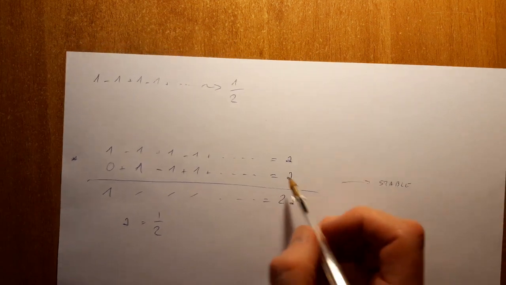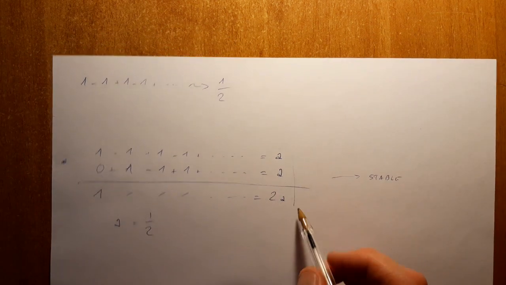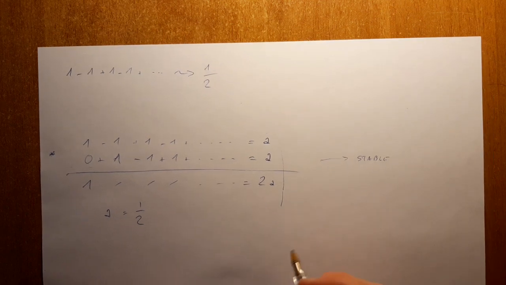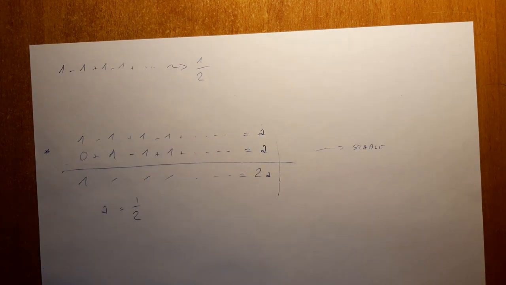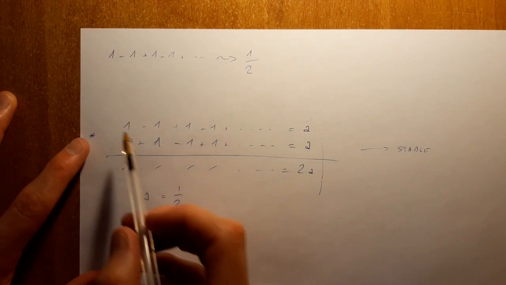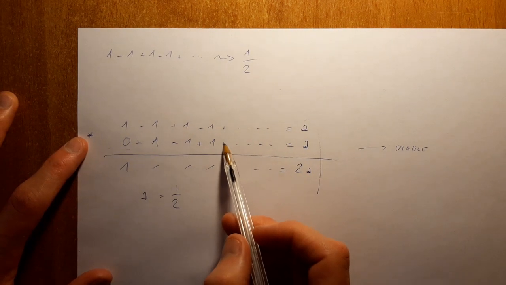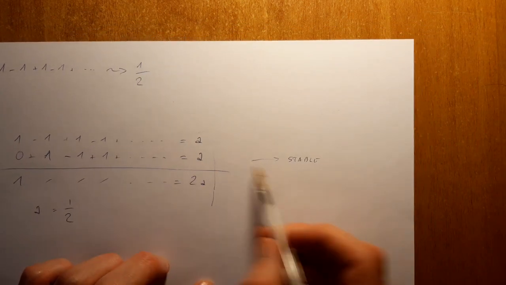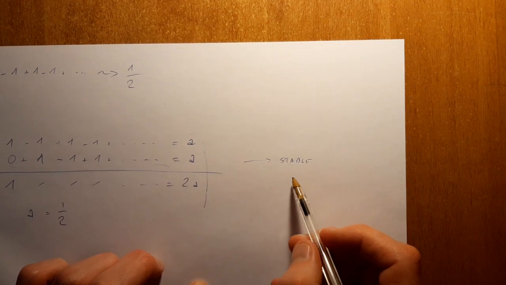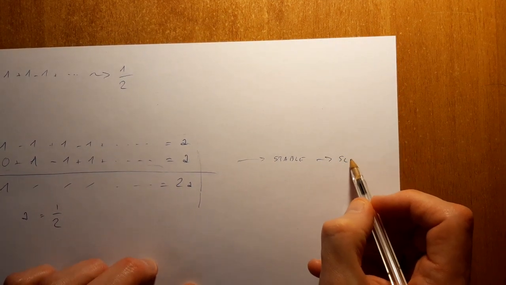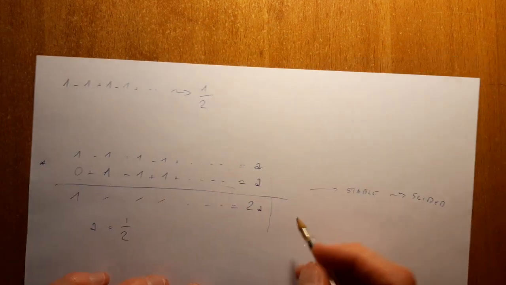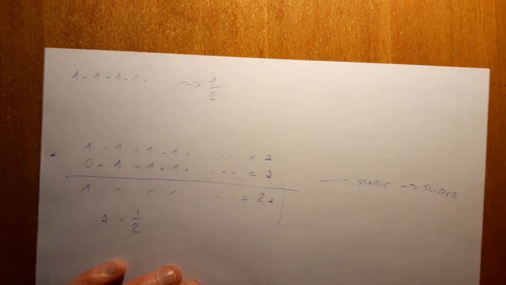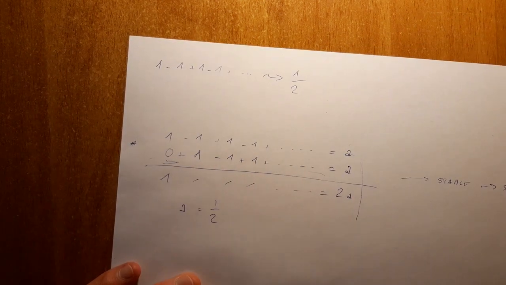This method I call sliding sum, because we have the same series but slid by one place. This series is stable, so it can be slid. In particular, this is the one sliding sum, because it's just one place.